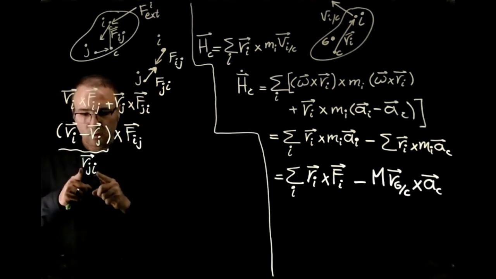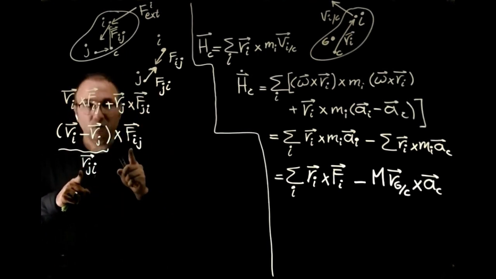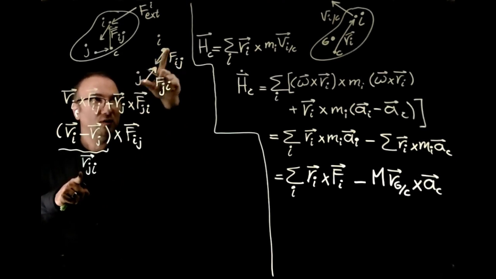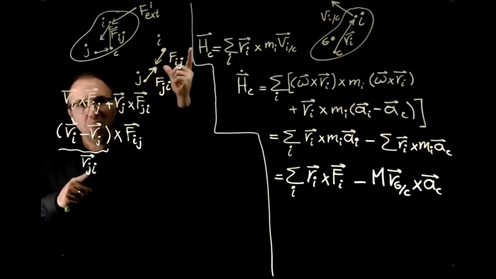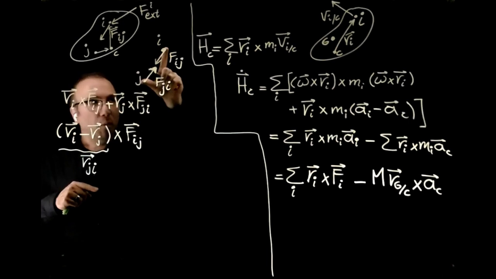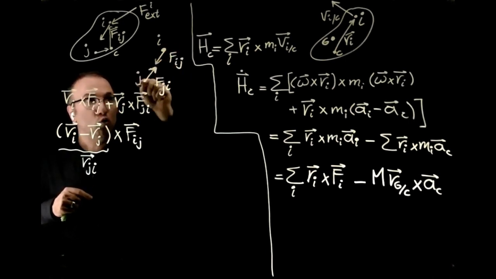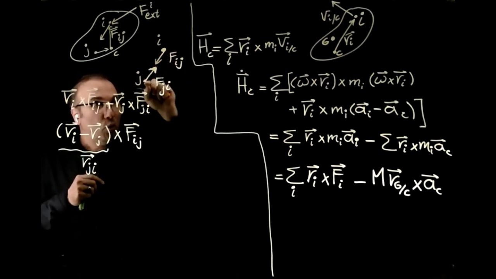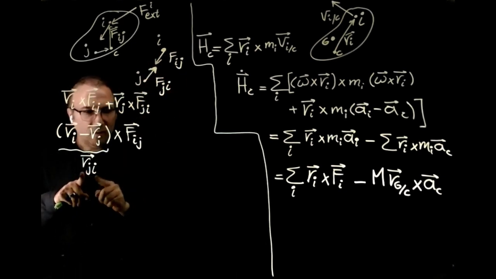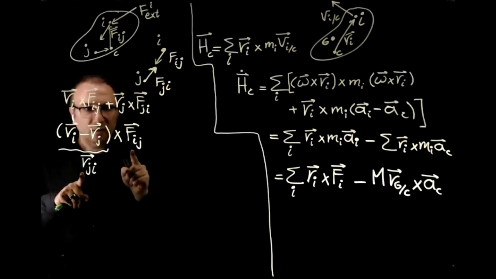So for mechanical forces, this and this are on the same line because the forces are, imagine, something like a spring or even gravitational force. It is between these 2 point masses, these are all point masses. So this and this are collinear on the same line.